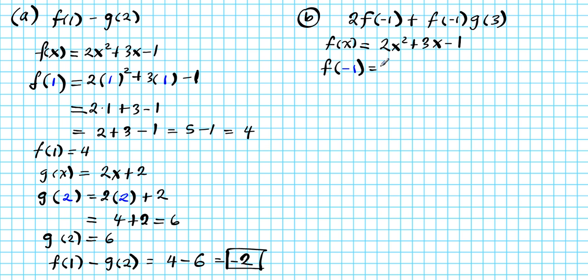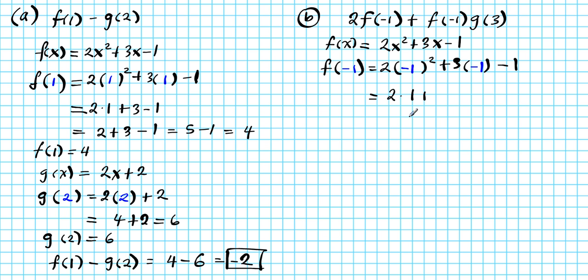Let me get it set up first to get the input values. So 2 times parentheses squared plus 3 times parentheses minus 1. In all those parentheses, I'm going to put negative 1. All right, let's go ahead and simplify. Negative 1 squared is negative 1 times negative 1, which is just 1.